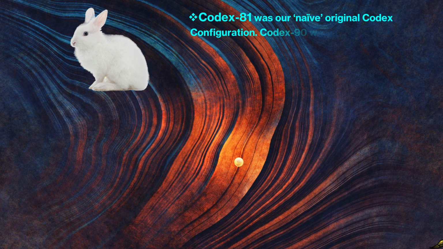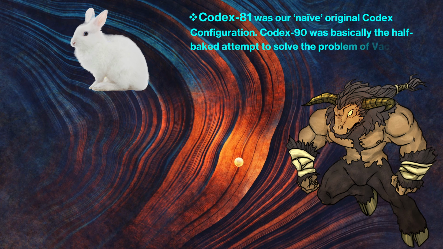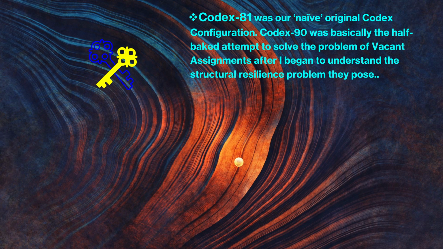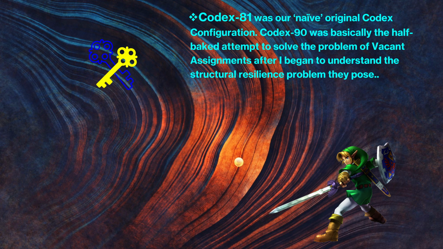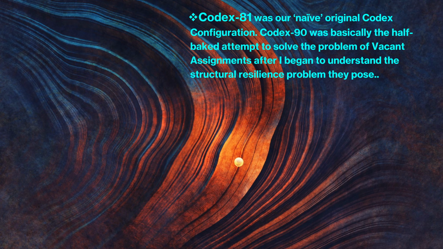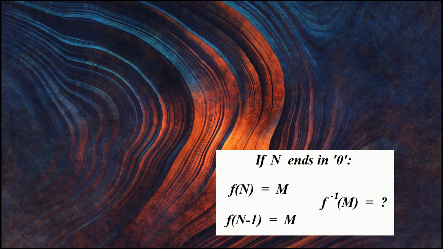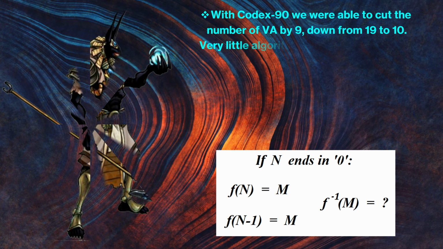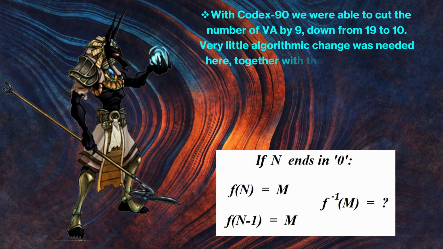Codex 81 was our naive original codex configuration, whereas Codex 90 was basically the half-baked attempt to solve the problem of vacant assignments after I began to understand the structural resilience problem they pose. With Codex 90, we were able to cut the number of vacant assignments by 9, down from 19 to 10.